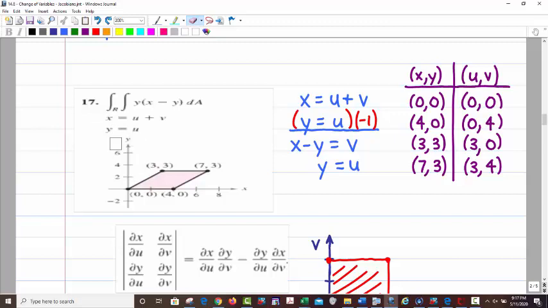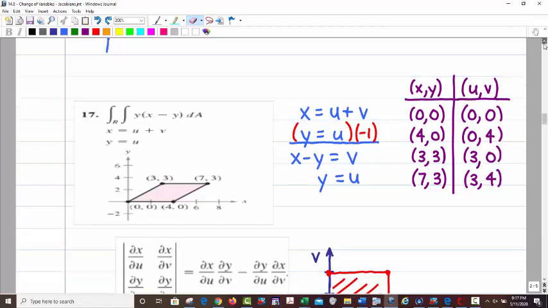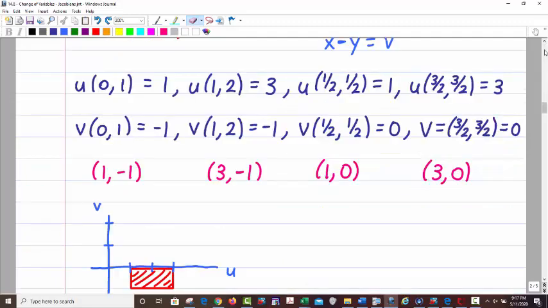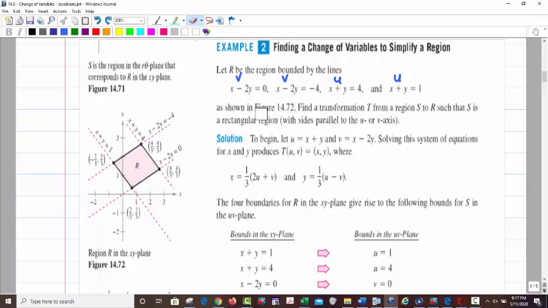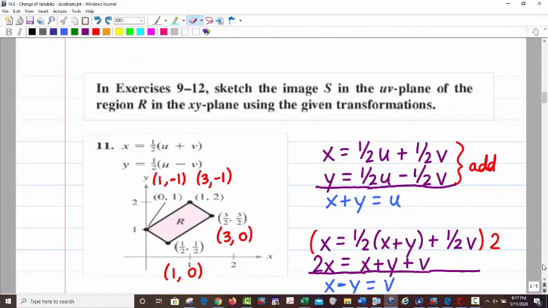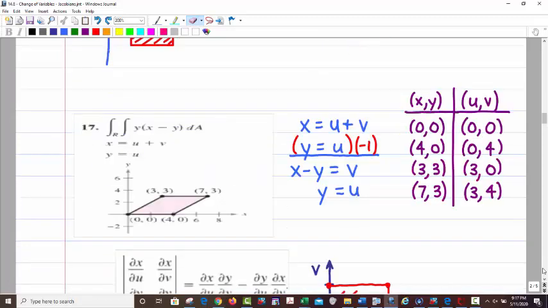It's like that first example I showed you. If u and v were in terms of x and y, back up here, you would have to manipulate it to get x and y in terms of u and v. But here we already have that, and we did for the last problem too.